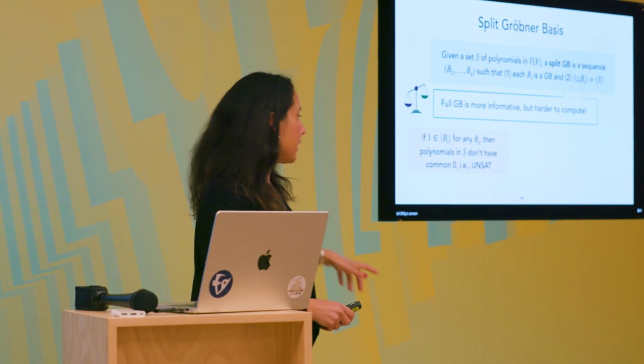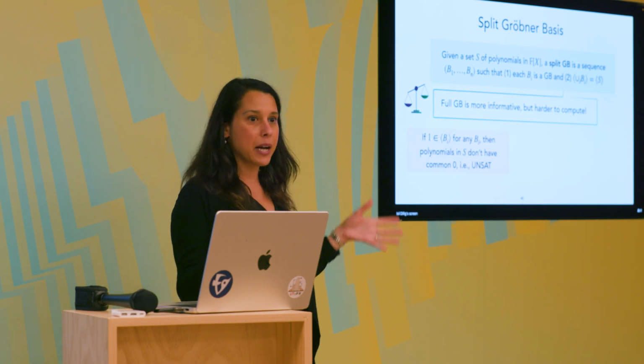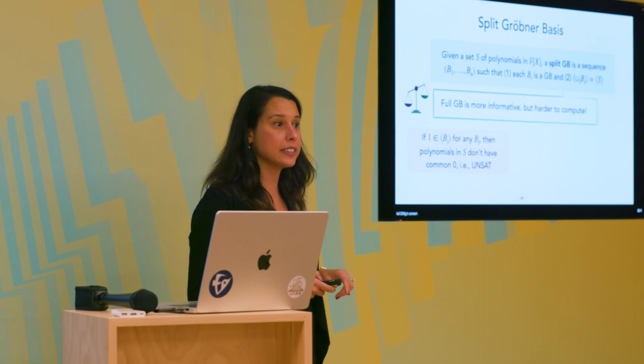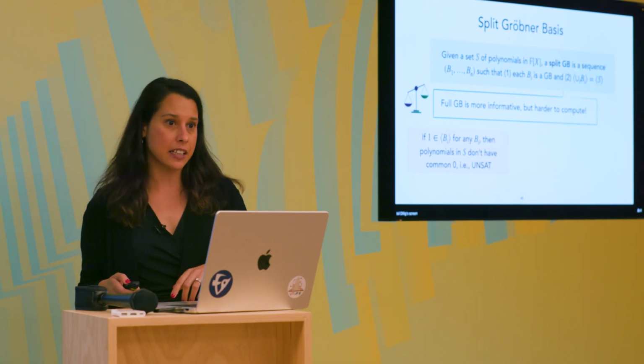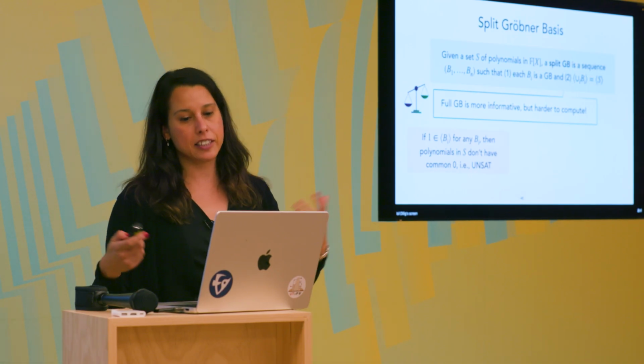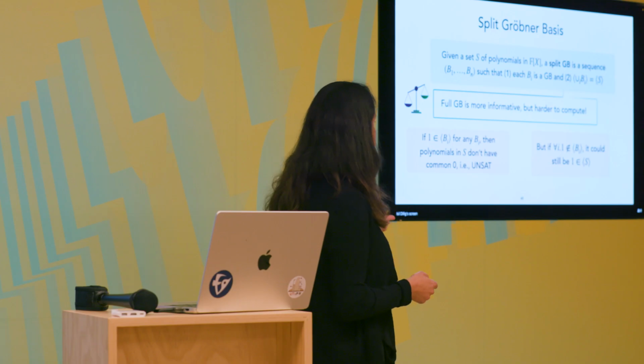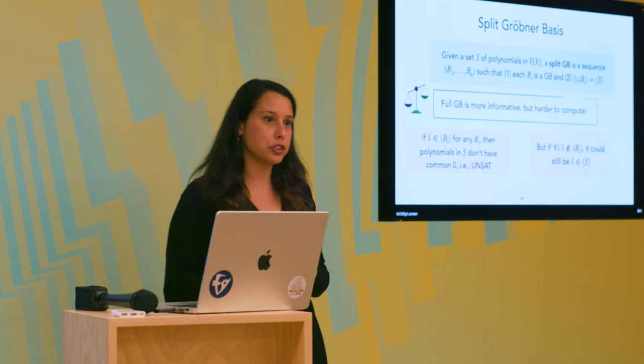So by having a split Grobner basis, we can still determine in some cases whether the constraint system is satisfiable or unsatisfiable. However, as I mentioned, it's not as informative, because it could still be that even though 1 is not in the ideal generated by any bi, 1 is in the ideal generated by S.